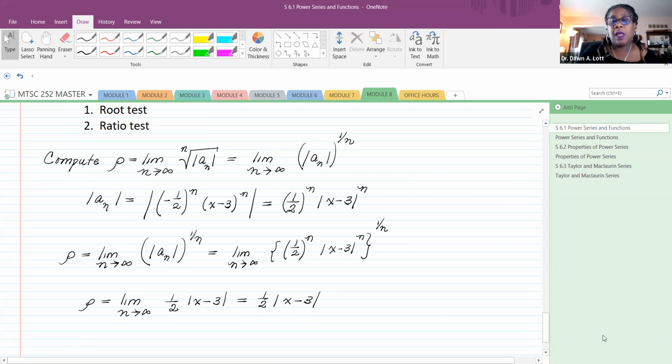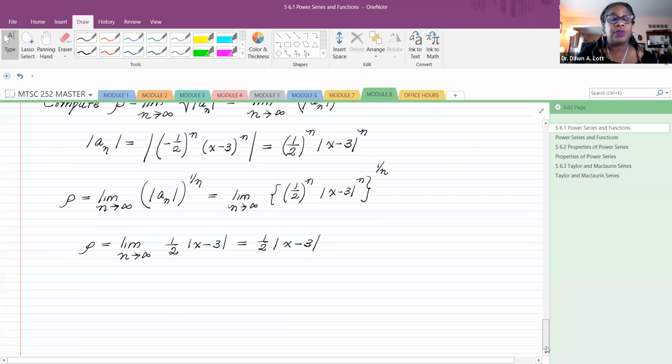Okay, now we already know that using the ratio test and the root test, this converges only if rho is less than 1.